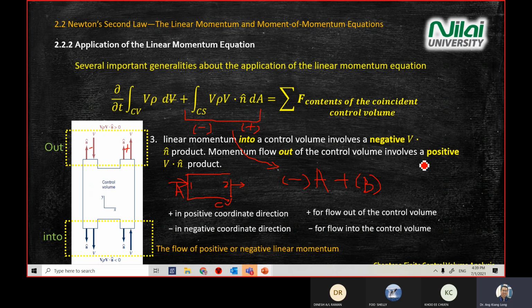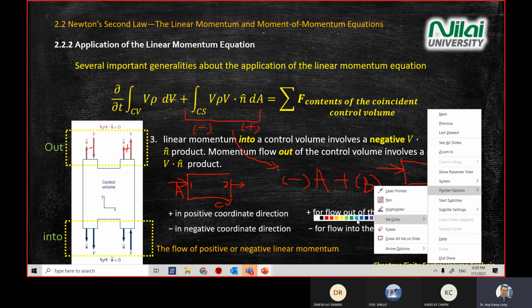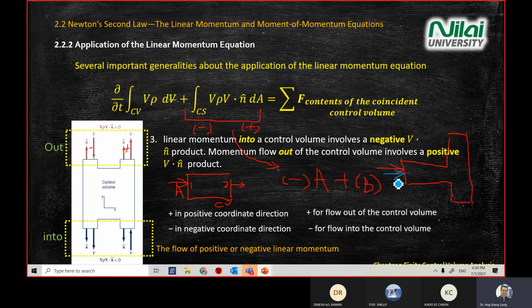Now, if your control volume has 2 outlets, let me change the color so you can see the differences. So if you have 1 inlet and 2 outlets, let's say I label this one as A, this one B, this one C. If you calculate this section, we are expecting the linear momentum for the inlet to be a positive A value.